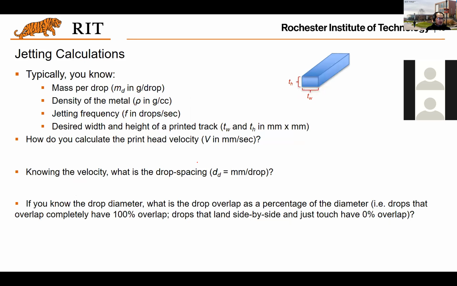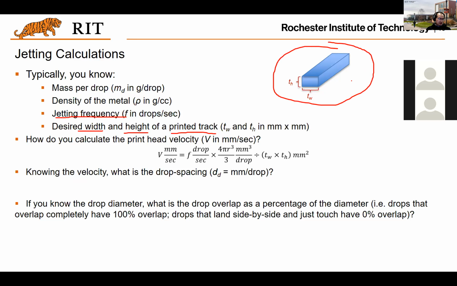For the jetting, what you could do is basically you have a mass per droplet and the density of the metal, right? And also a jetting frequency and the desired width and height of the printed track, like the one shown here. Basically, you can imagine a trace is something like this, right?